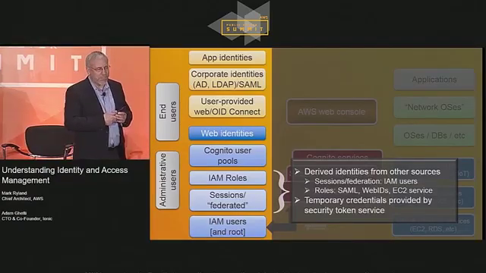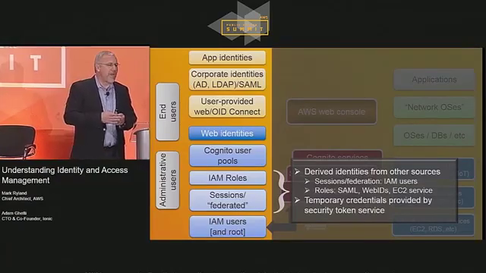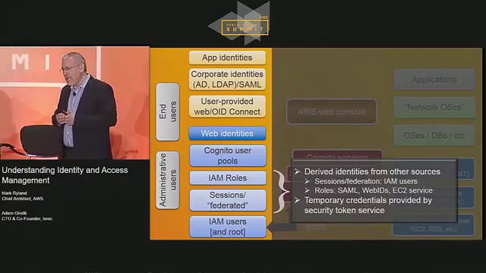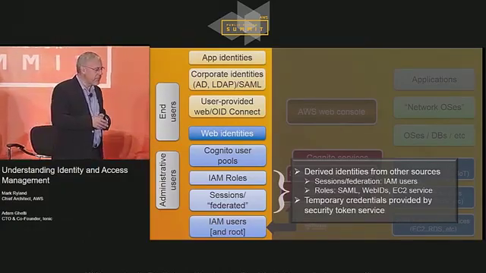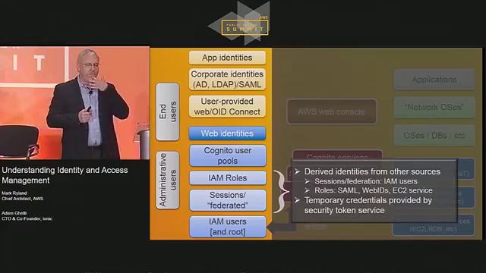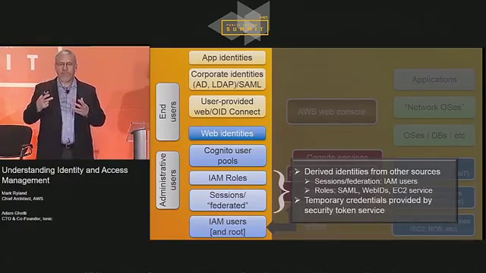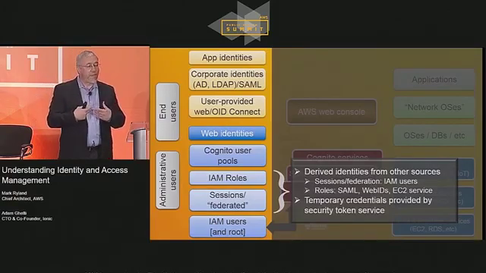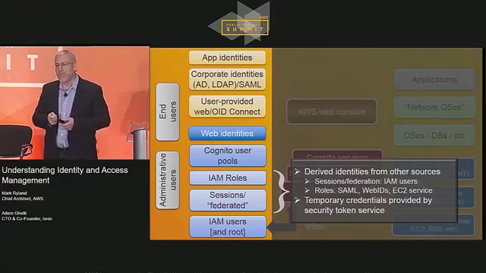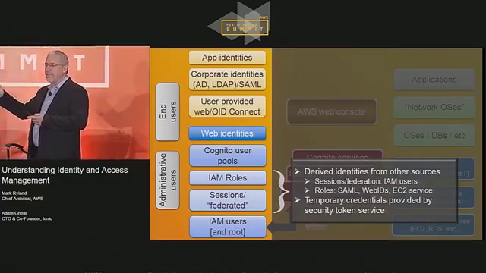In particular, there's an API called GetFederationToken. I put federation in quotes because this isn't the way the word federation is typically used in the industry. But given a principal, I can create temporary tokens, either for myself or someone else, and hand those out as what's called a federation token. With that token, you can then get some access rights.